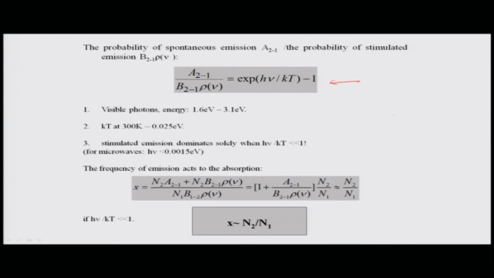So, what we can find is that no matter what, as we had discussed before, stimulated emission dominates only when h nu over k T is much smaller than 1. So, this is something which is difficult for visible, because for the visible photons or anything in that region, the photon energy is quite high, and the k T is also in this range.